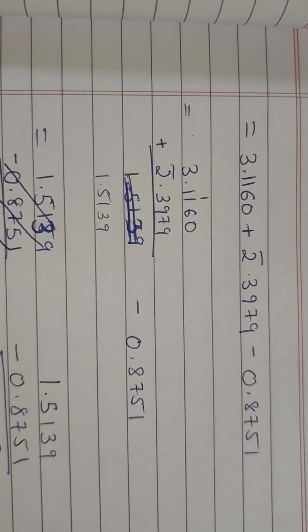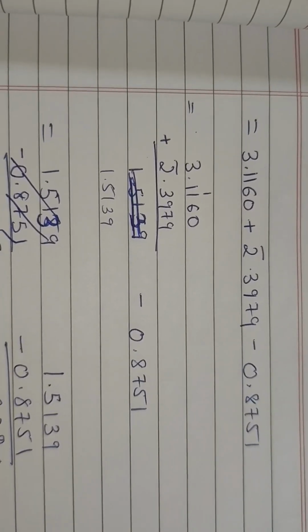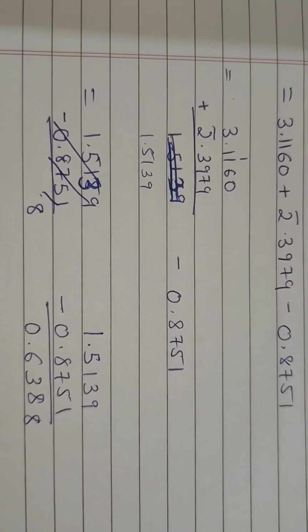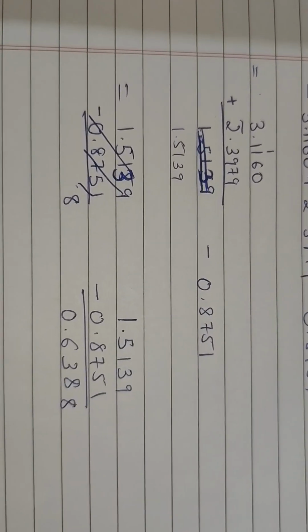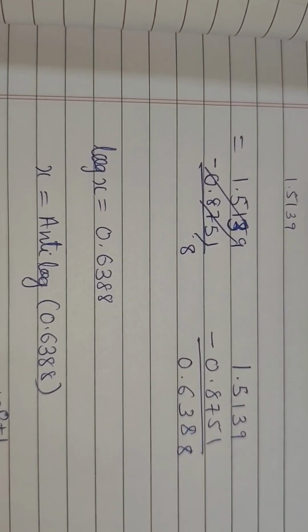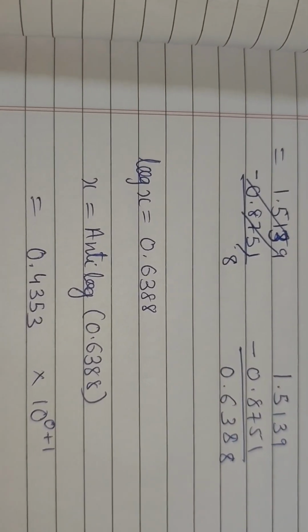After adding, I am getting 1.5139 minus 0.8751. Then after that I will subtract that number. After subtracting, I will get log x is equal to 0.6388. If I take log to the other side, it will be anti-log.